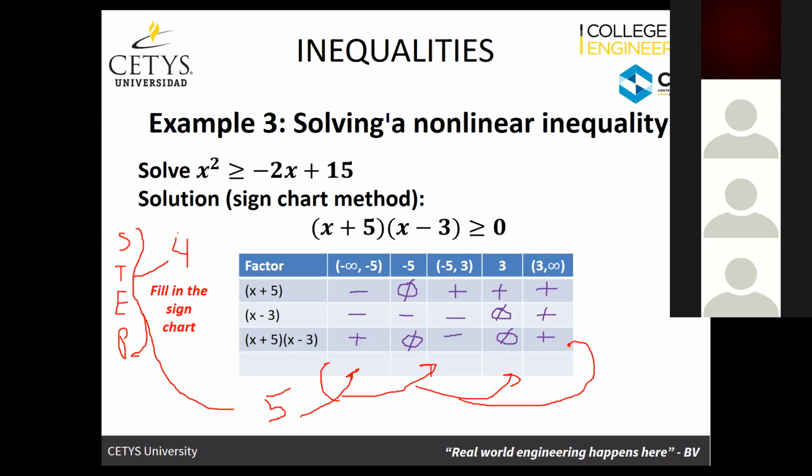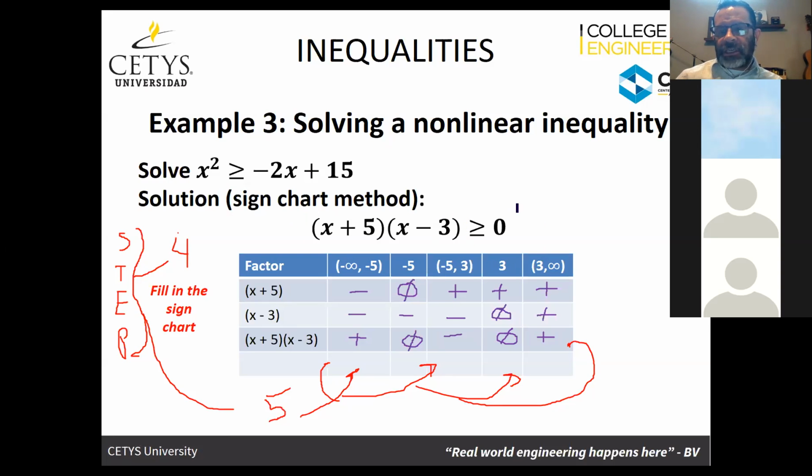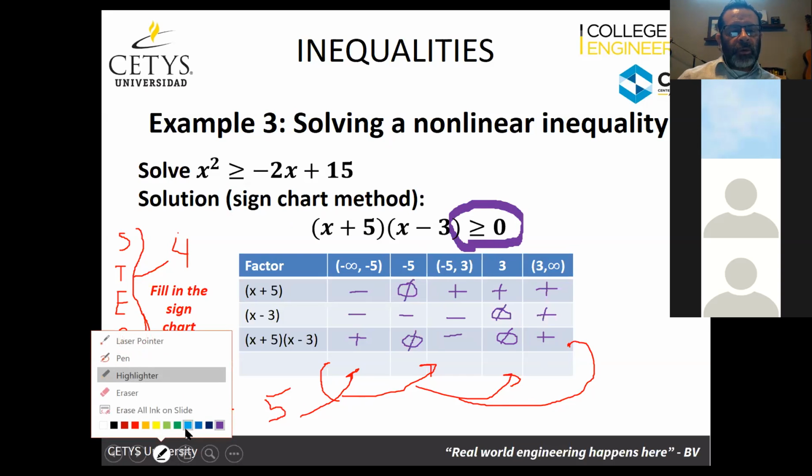If I solve this one, I'm solving the original one, okay? And so, what are we looking at in this equivalent expression? We're looking at things that are larger than or equal to 0, okay? So we're going to look at each of the intervals that we have here.